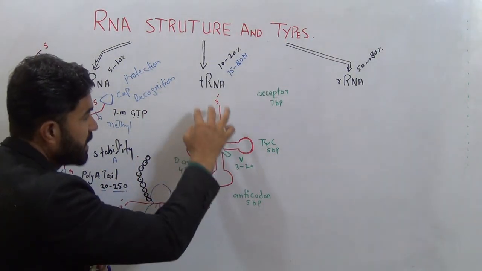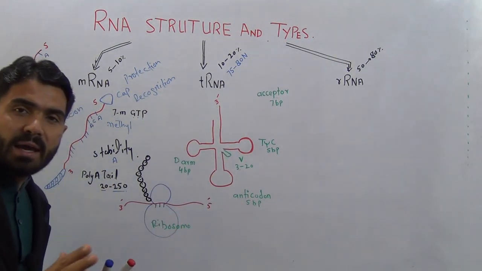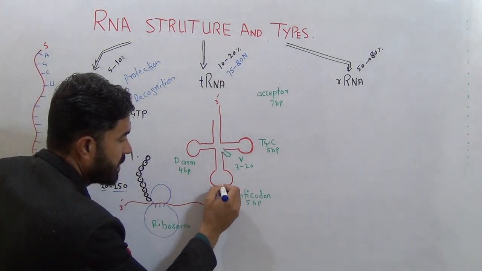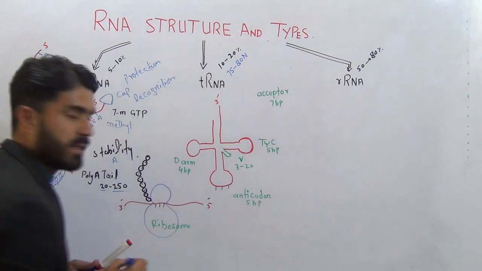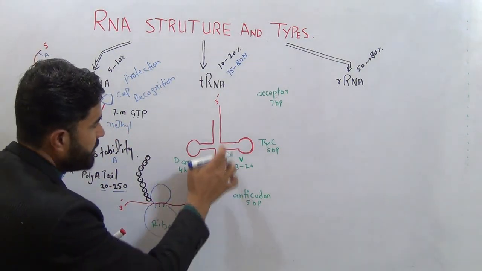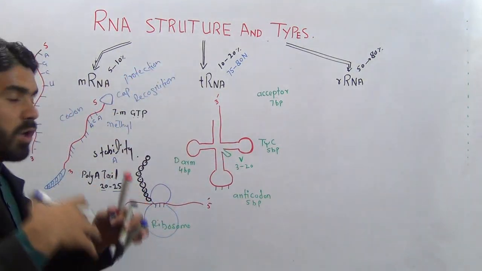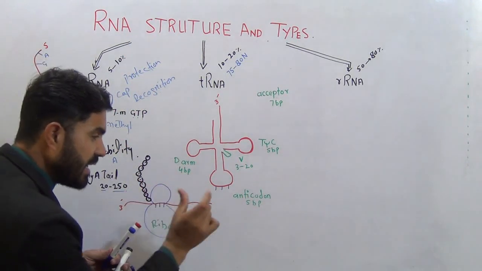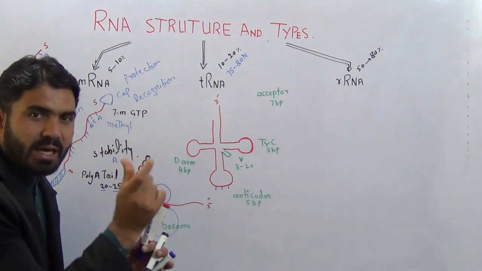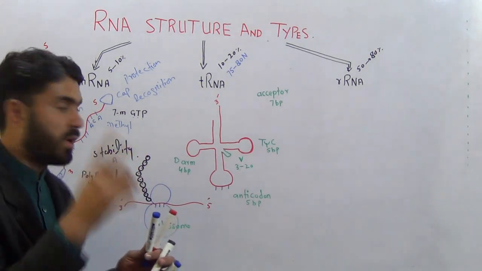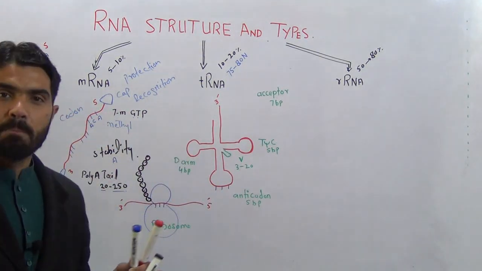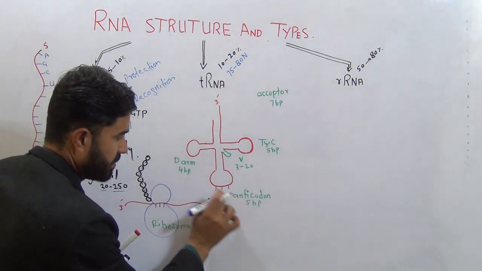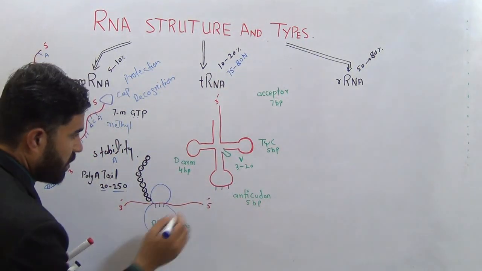Let's suppose here 1, 2, 3. There are 3, 4, 5, 6, and there will be lots of nucleotides. But a set of 3 nucleotides will be called an anticodon in the case of transfer RNA. So here I mentioned anticodon.